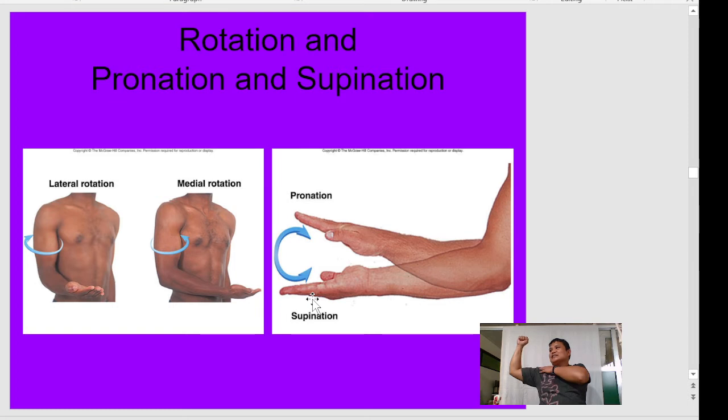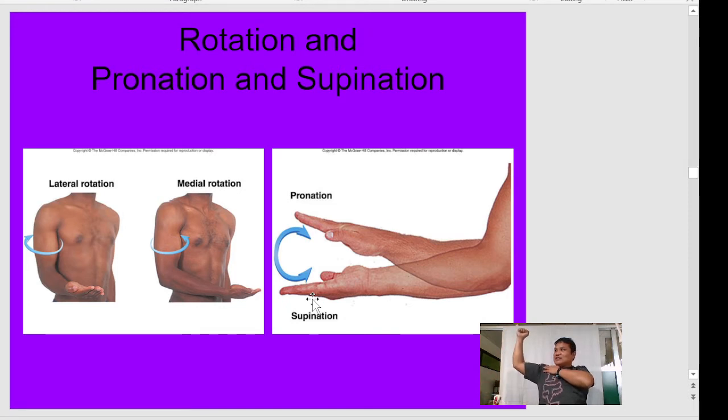So when you do it like that, that is medial rotation because the head of the humerus moves in the glenoid fossa. When you do it like that, that is external rotation. So if you're going to move it on the side, that is medial rotation, then that one, that is lateral rotation.